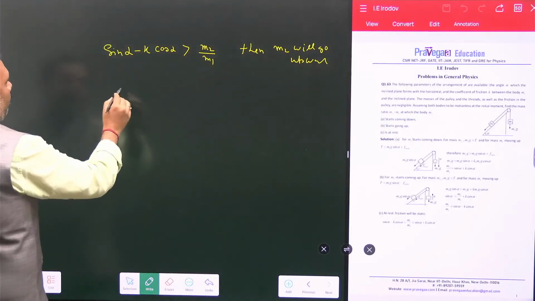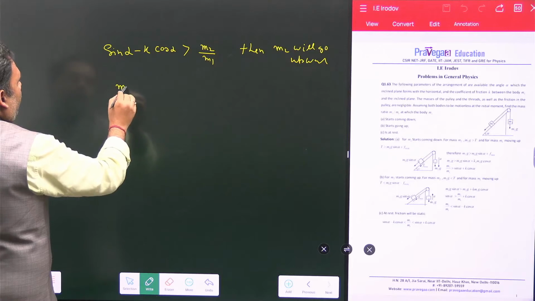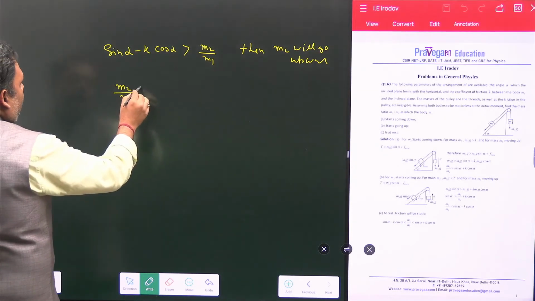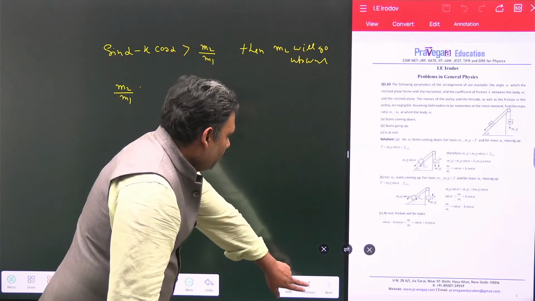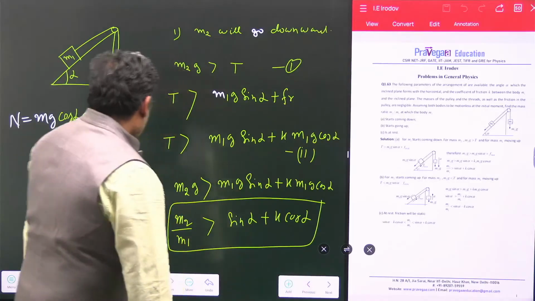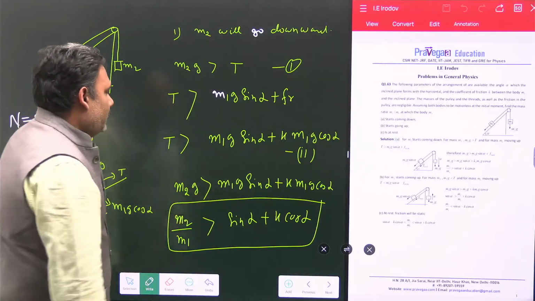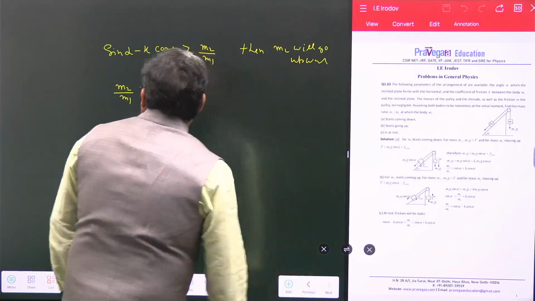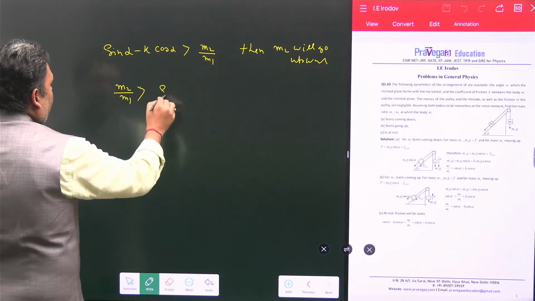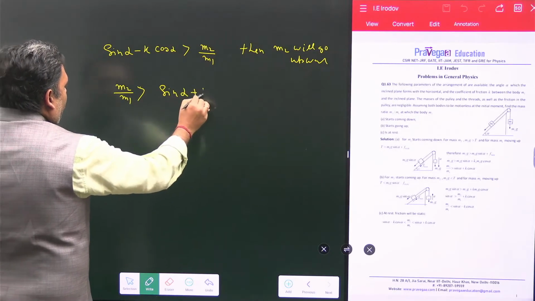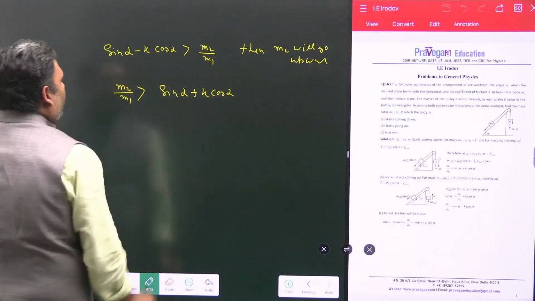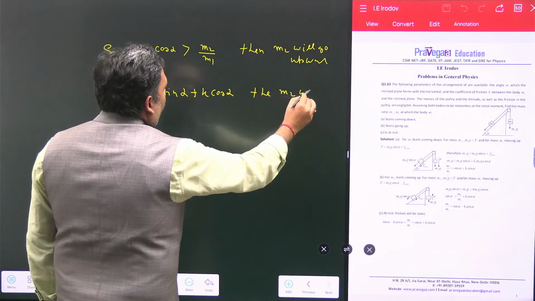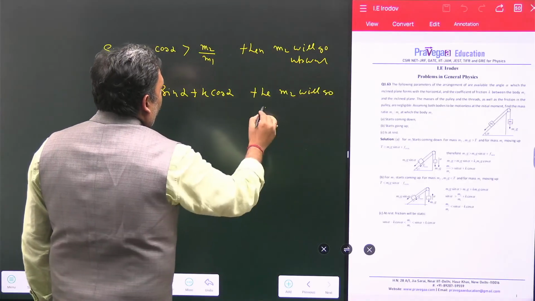And from the last to last slide, when M2 upon M1 is greater than sin alpha plus K cos alpha, then M2 will go downward.